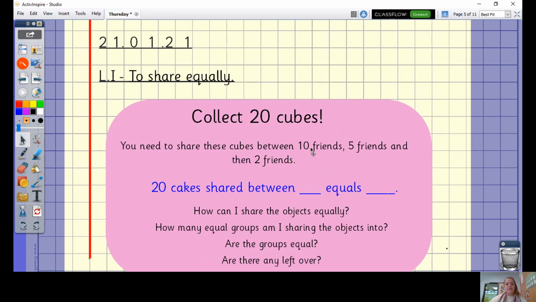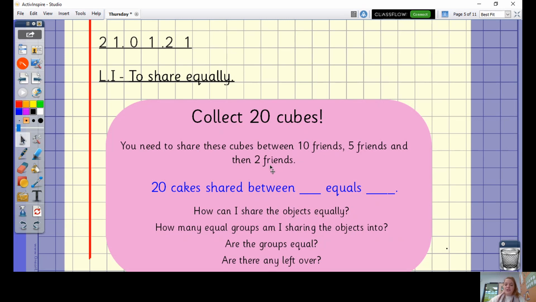Do they all have the same number of objects in them? And are there any left over? Okay, so that is a challenge I want you to have a little go at now. Okay, we're going to go through the answers for each of those groups in a moment. Pause the video now and have a little bit of fun sharing out those objects.